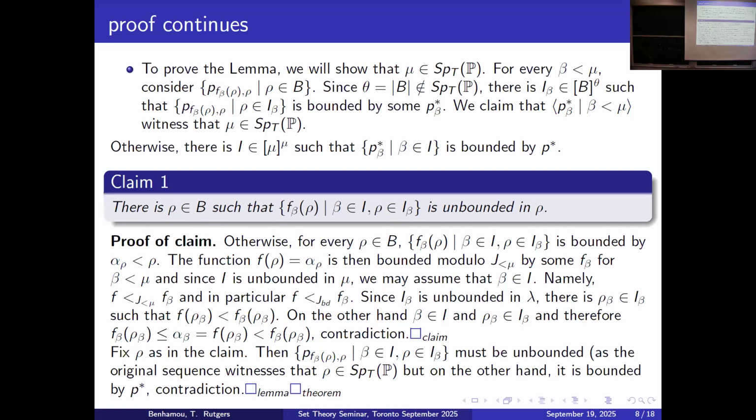So you see, if we show that this has size rho, this means that there are rho many elements which are bounded by the same P star, and that's a contradiction to the choice of those sequences. So all that remains is to show that this set has size rho.